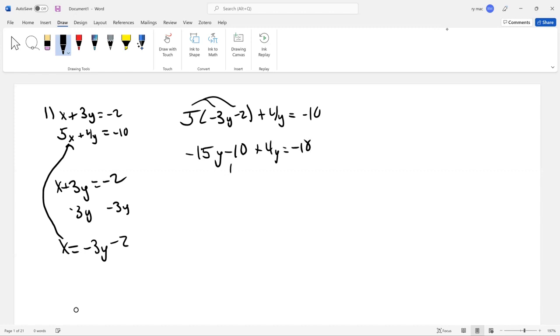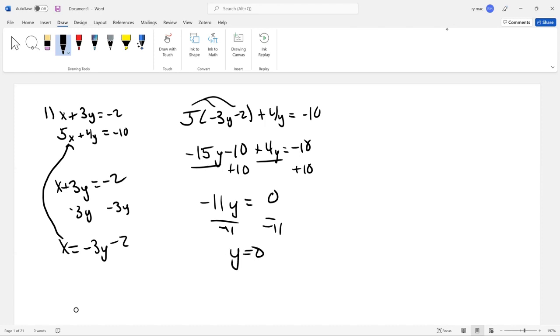I'm going to add 10 on both sides to move over my -10 on the left. And then I'll combine both my y terms. So I get -11y is equal to 0. Well, in that case, if I divide both sides by 11, I get that y is equal to 0.